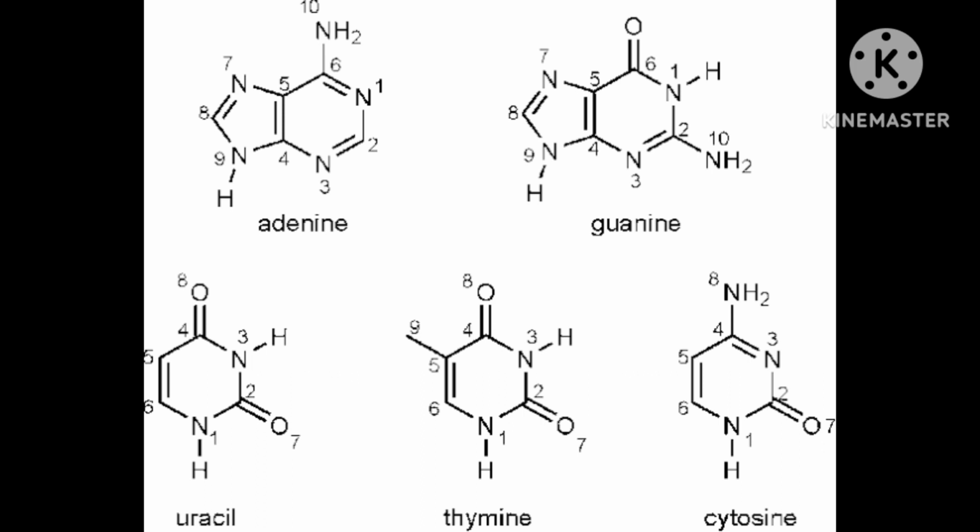Now come to guanine, G, guanine. Here what is the difference between adenine and guanine? Here again you will find the same type, a 6-membered ring and a 5-membered ring. All things are the same as adenine.